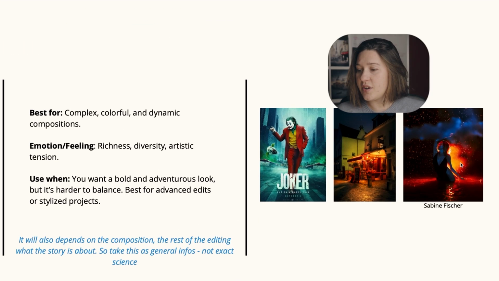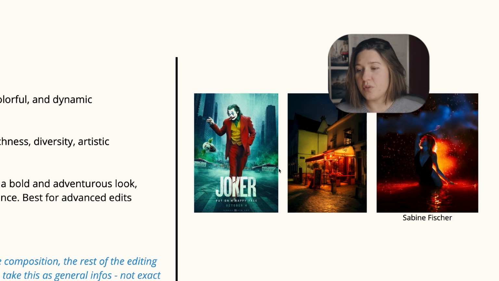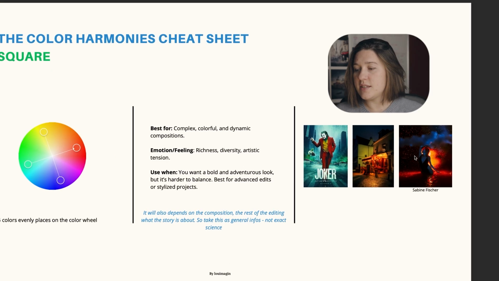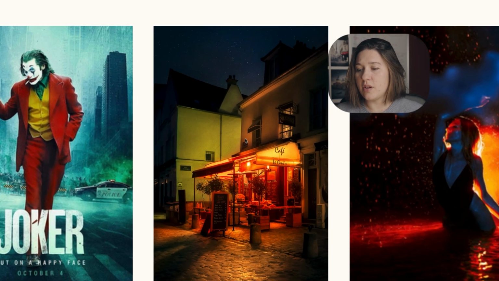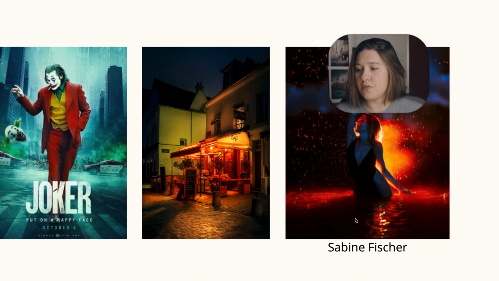And you can see how it looks here. I really love the Joker image here. The colors are very beautiful, and they use the square complementary color scheme. Here, this is one of my photos as well, and here a portrait from Sabine Fischer.